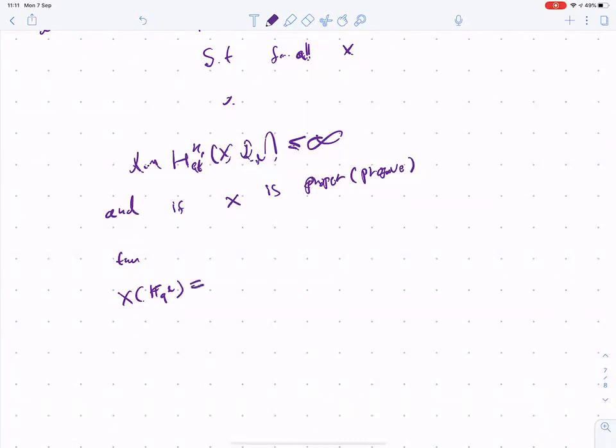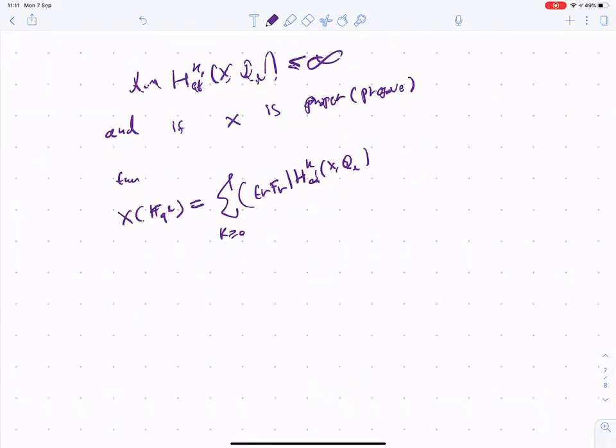This is a highly non-trivial equation. Sum over k equals 0 of the trace of Frobenius on H^k_et(X) to the q.